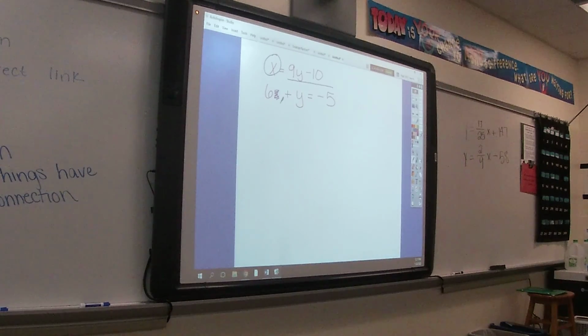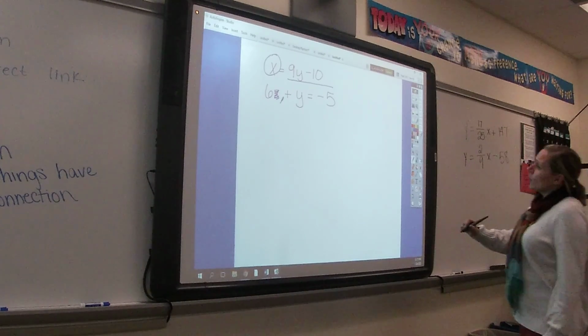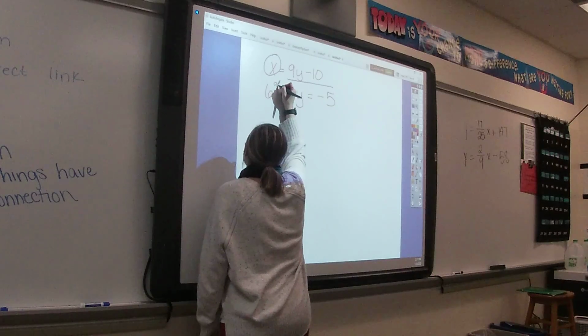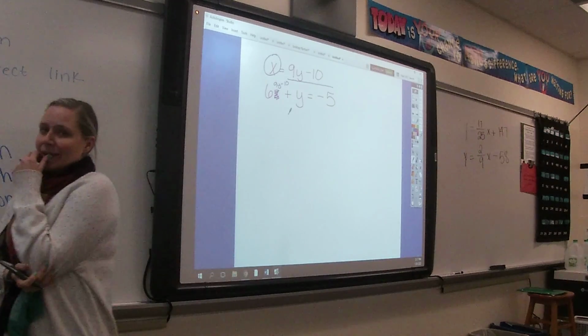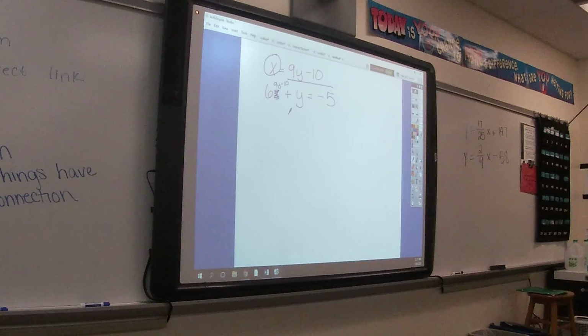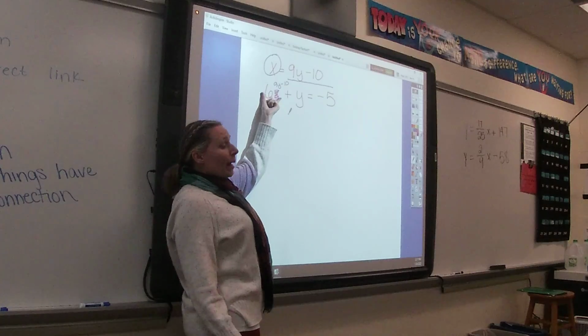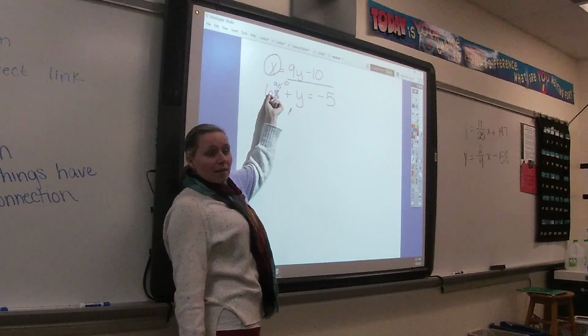Okay, what's going in place of the x? 9y minus 10. So right here above this x, I'm putting in 9y minus 10. I mean, I can't just write 9y minus 10. Parentheses. Why parentheses, Mason? Because normally it'd be 6 times x. Right, so what operation was happening in between the 6 and the x?